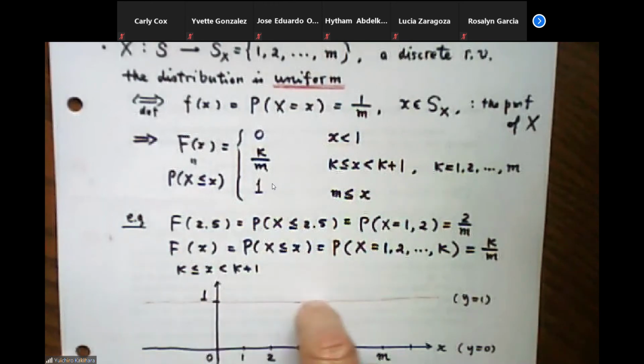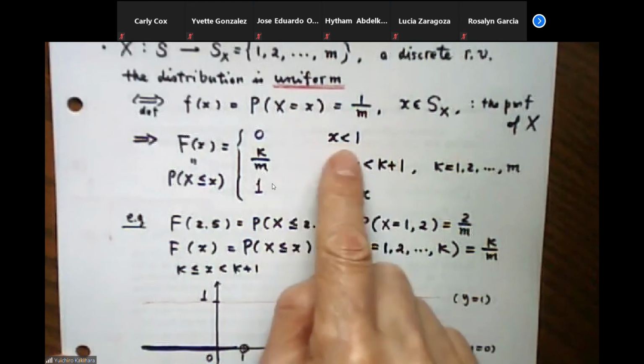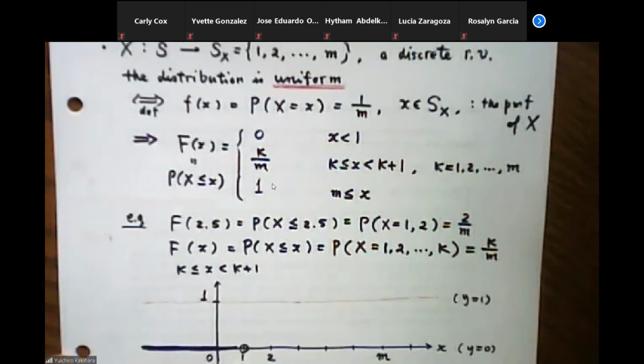So right here in a strip, the graph exists. Up to 1, it is 0. So this is an open dot, and the body is like this. Up to 1, 1 is not included, but it is 0. So this is the first part: less than 1, then it's going to be 0.